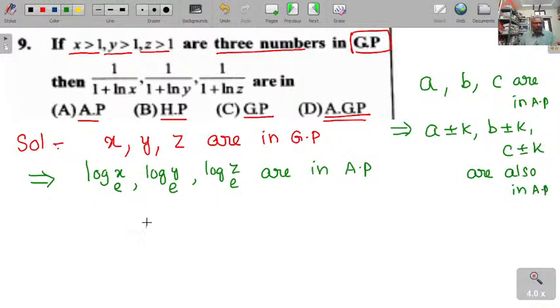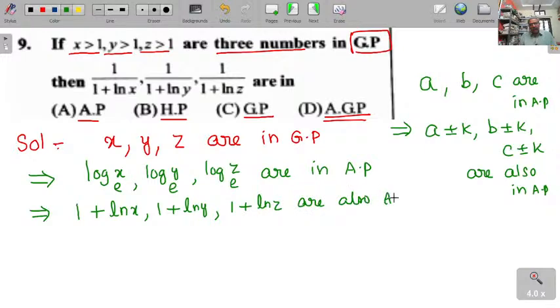That means adding 1, we can write 1 plus ln x, comma 1 plus ln y, comma 1 plus ln z are also in arithmetic progression. The reciprocals of the terms of an arithmetic progression are obviously in harmonic progression.